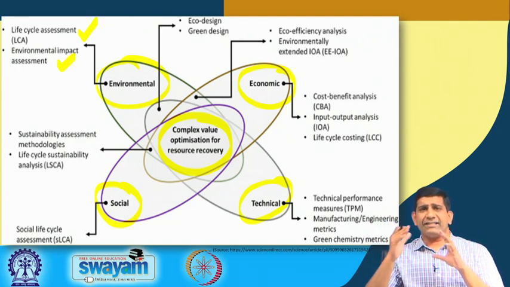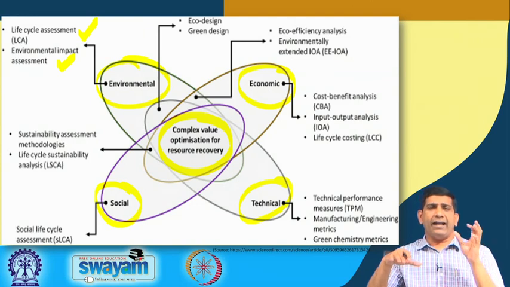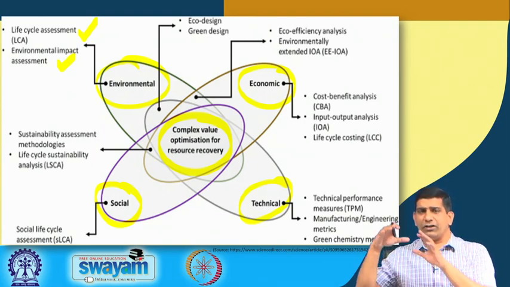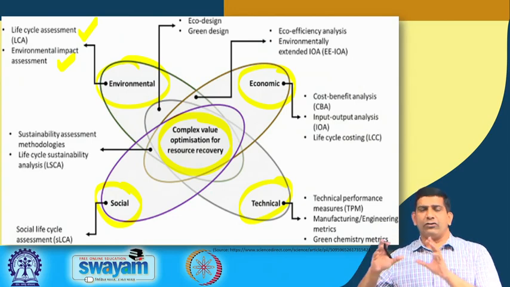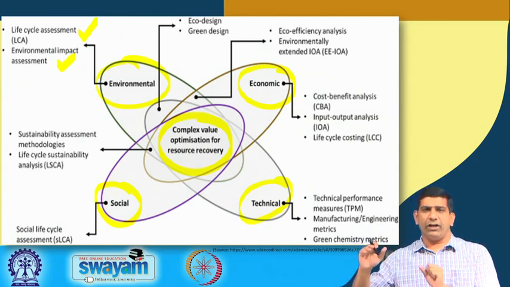Because things do move around, you are using certain material at a particular place which was made in China or Germany or Japan, and the manufacturing of that material had a certain environmental footprint associated with it, which is not taken into consideration when we just do an EIA study for this factory in the Kharagpur area.